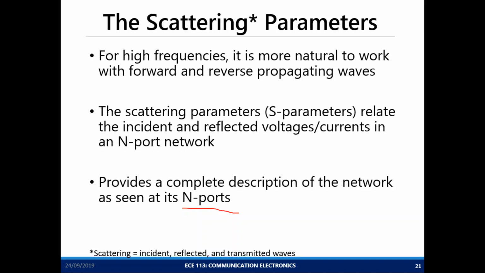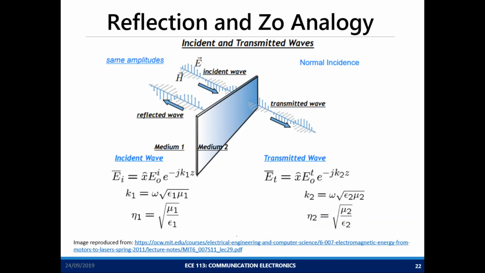It also simplifies the high frequency behavior of an N-port network with respect to terminal planes. The analogy with light is if you have an incident electric field going into another medium from medium 1, what happens at the boundary between medium 1 and medium 2 is that a wave will be reflected back and some of it will be transmitted.